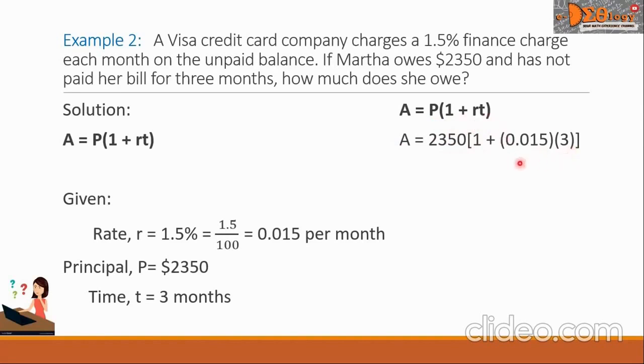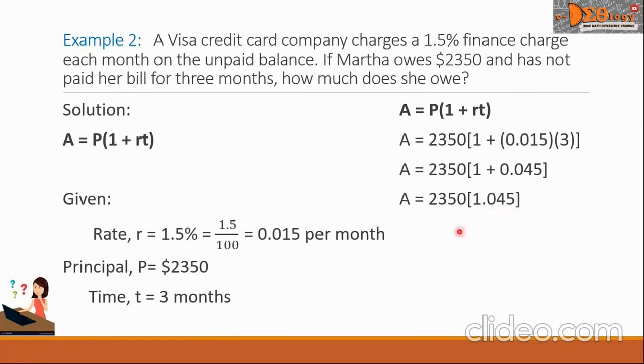We will multiply this decimal and the number 3, so we will have 0.045. And then we will add this 1 plus this decimal, so we will have that 1.045.